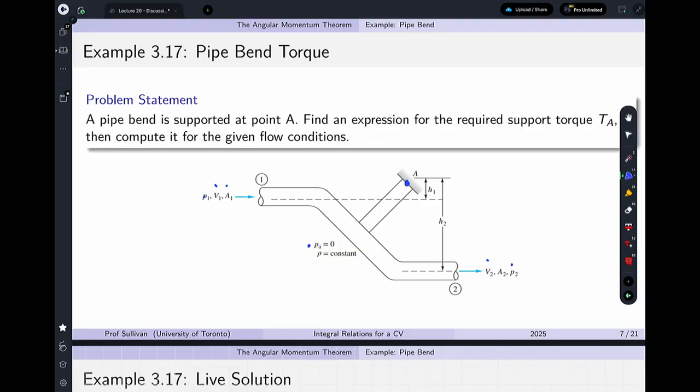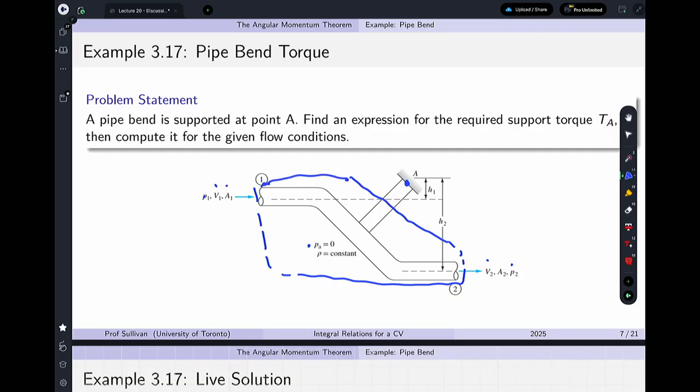I'm going to define a really simple control volume that kind of looks like this, that covers everything.